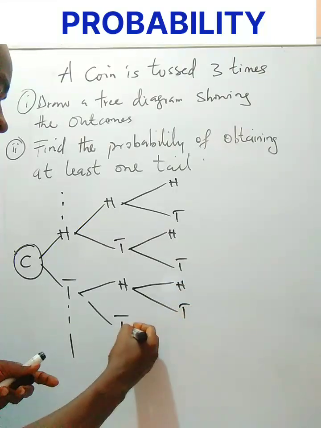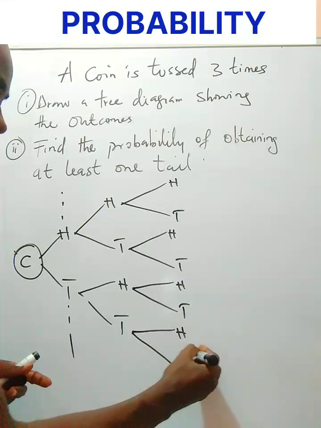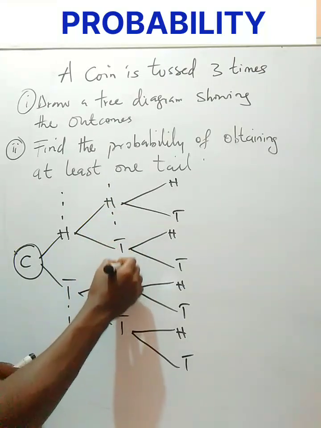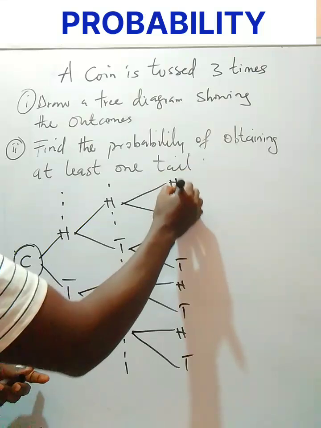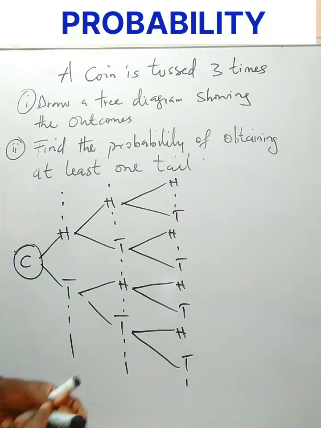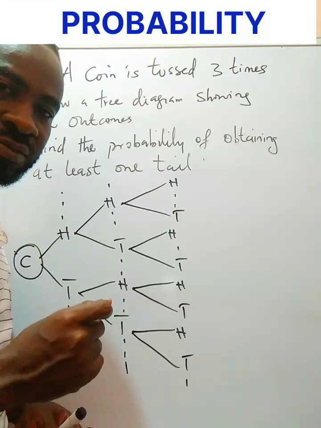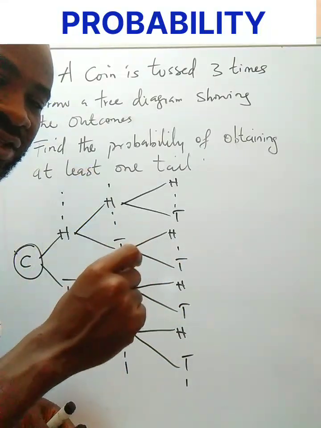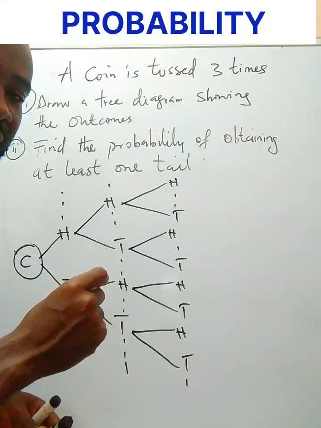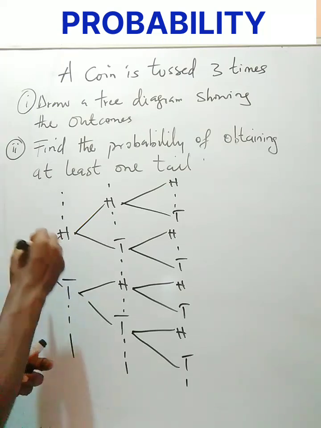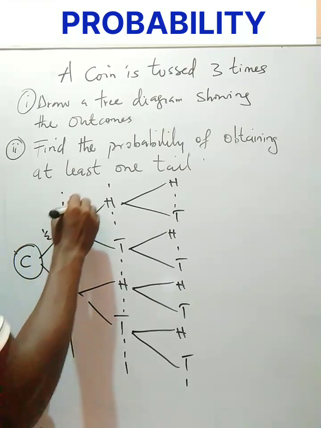And then it continues like that: head and tail, head and tail. So this is the tree diagram. This is for the second toss, and this one here is for the final toss. Now, let's get the outcomes. Remember, the probability of getting a head or a tail is the same, which is half.